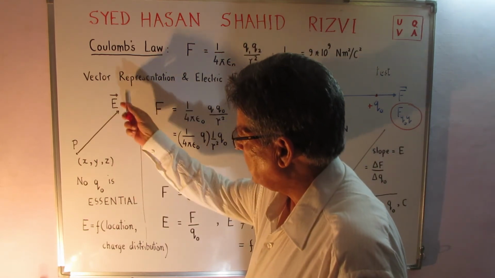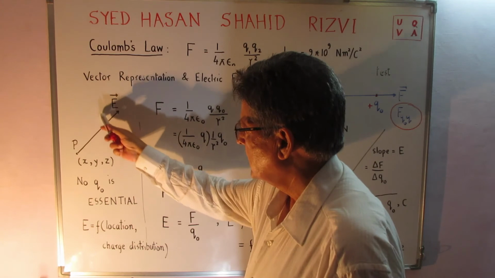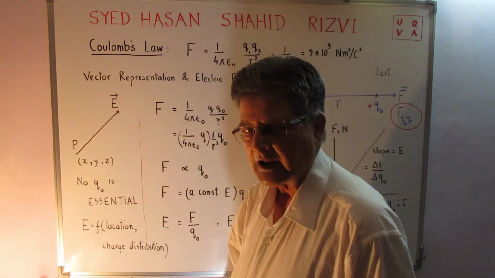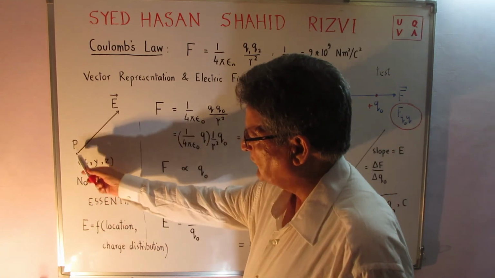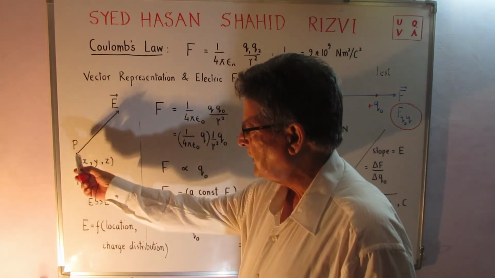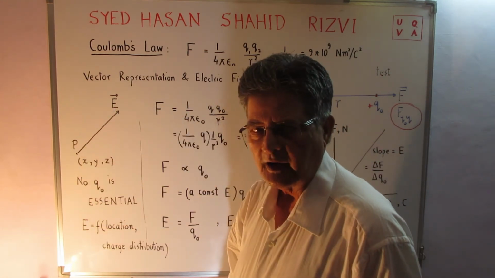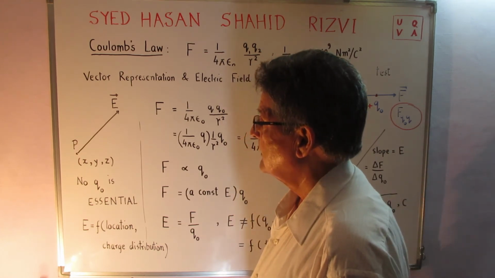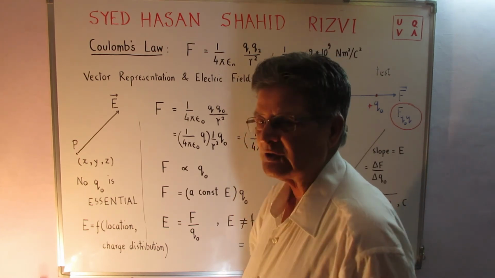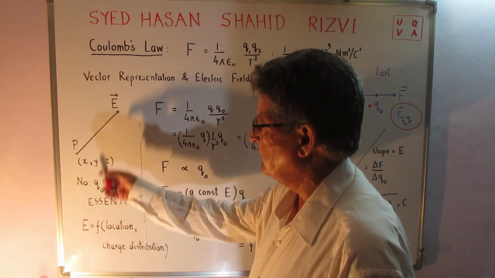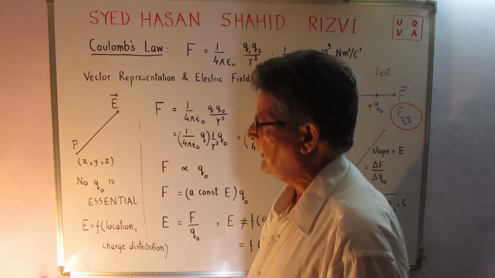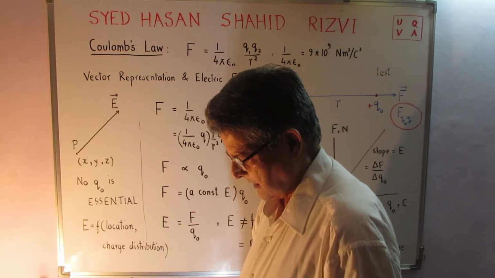So E cannot be determined, cannot be measured directly. How can we measure the value of E over here? By putting a small test charge over there and trying to find out what is the force on it. Then divide it by that test charge and we get the value of E.